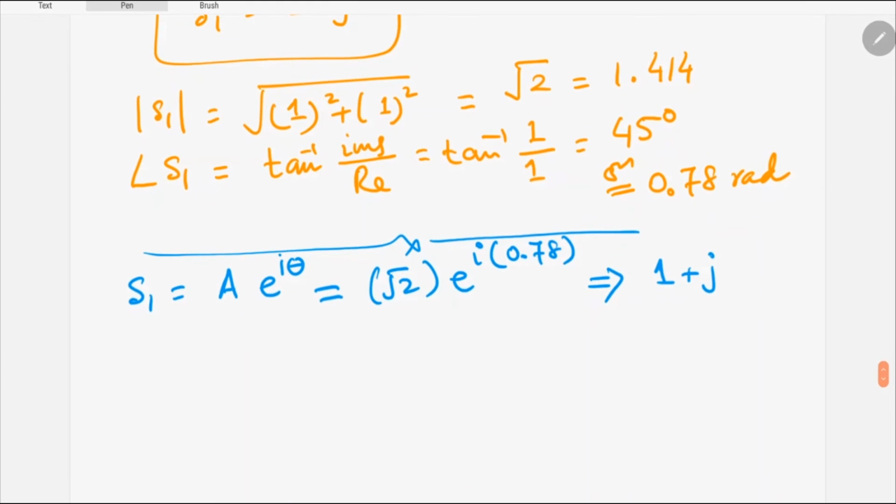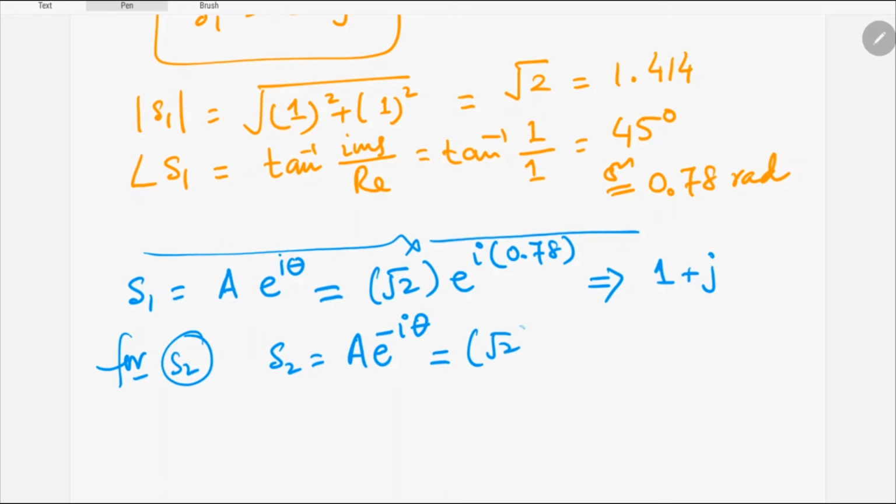Similarly, if you remember S2, when you put it in here, this will be e^(-i·0.78), and this will be 1 minus j.